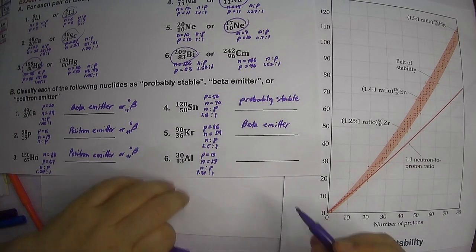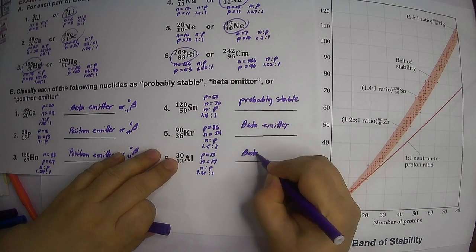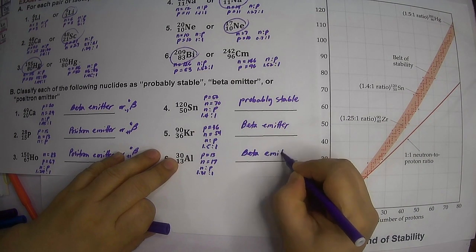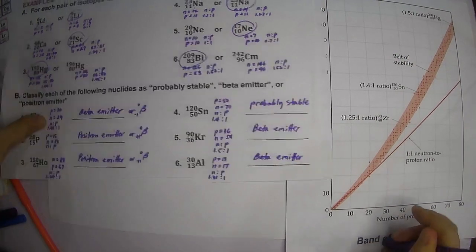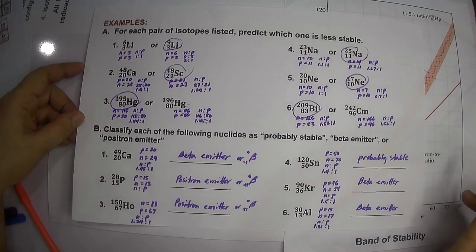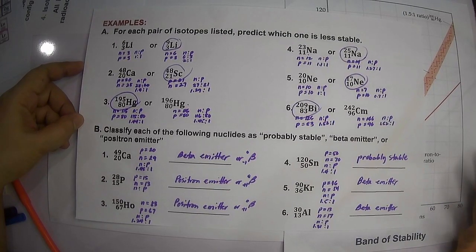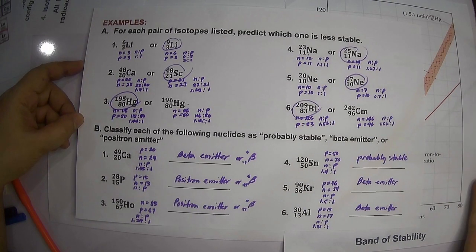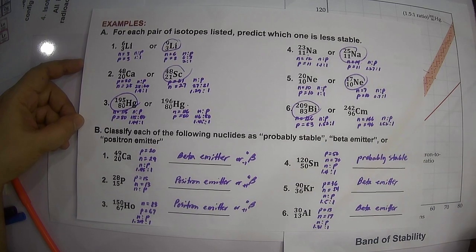Therefore, if it's above the belt of stability, it is again a beta emitter, like number 5. Okay, that is how we identify whether a nucleus will emit a beta or a positron, or it is probably stable.